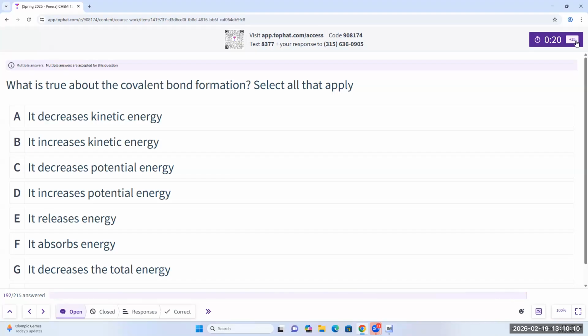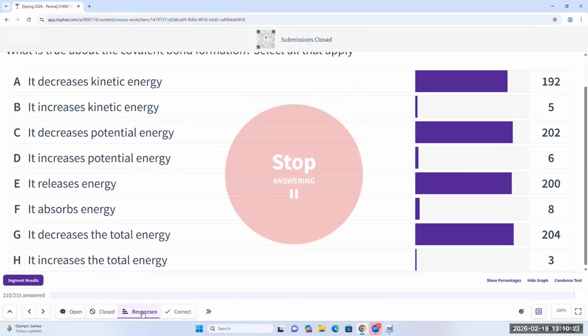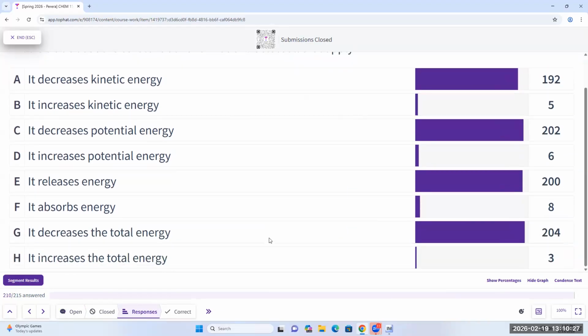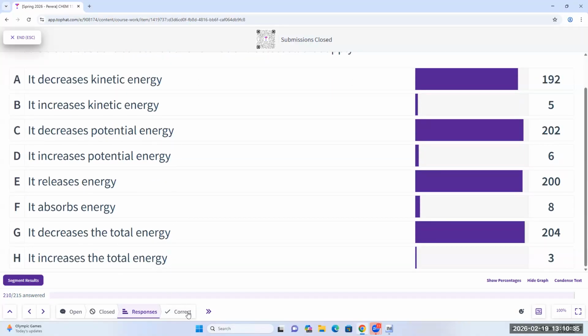I think we have more than 90% responses. Therefore, I'm going to close this question in 5, 4, 3, 2, and 1. All right. And here are the responses. Covalent bond formation decreases total energy, decreases potential energy, decreases kinetic energy, and so forth, which are the correct answers.